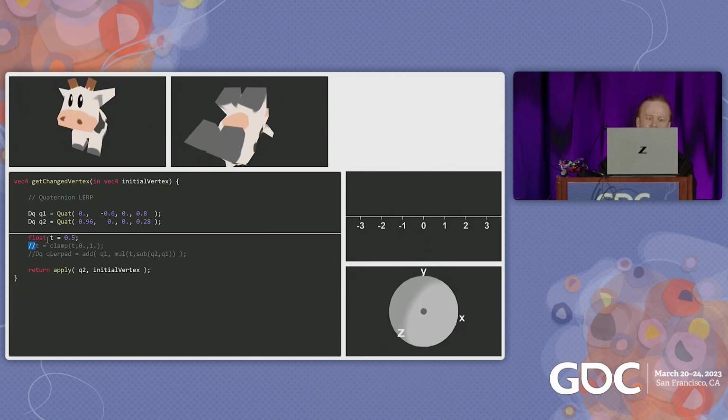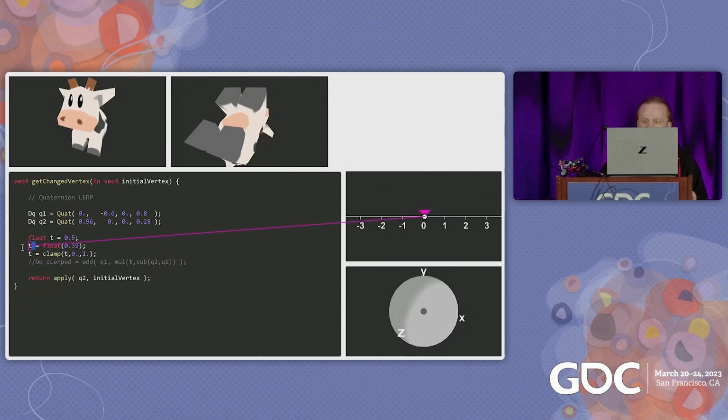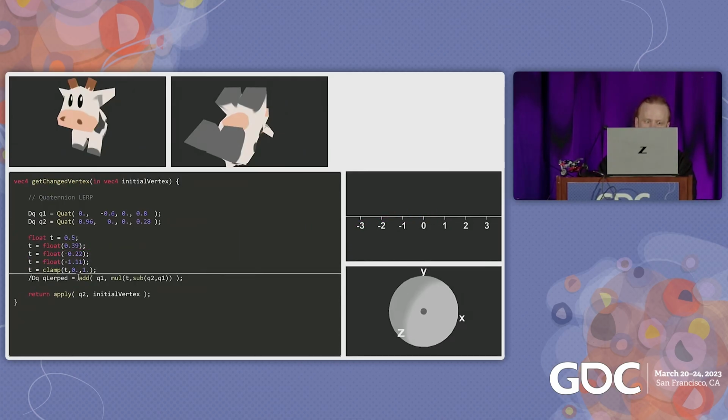So we're going to define a float called t, and I'm going to clamp t to being between 0 and 1. So let's dial t up and down. If we dial t up and down, you can see in this window over here that it's staying between 0 and 1. And if we LERP using the formula that I just said to you, if we look down in this window, we've got a quaternion that, if I dial t up and down, if you look at this turquoise quaternion, it's going from the bluish one to the greenish one, which is what we want.